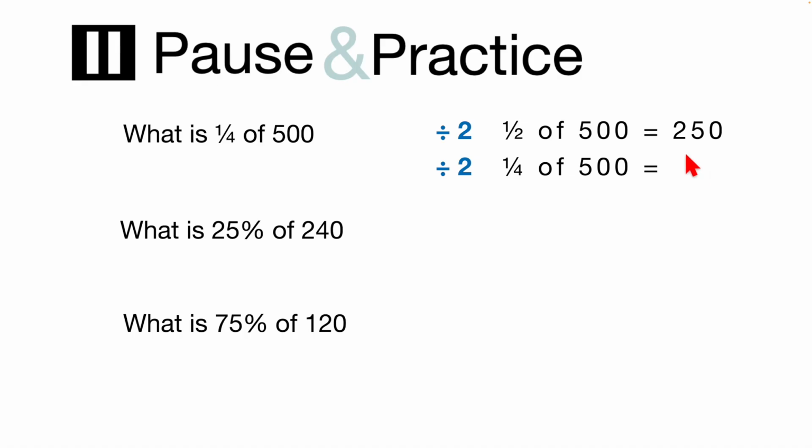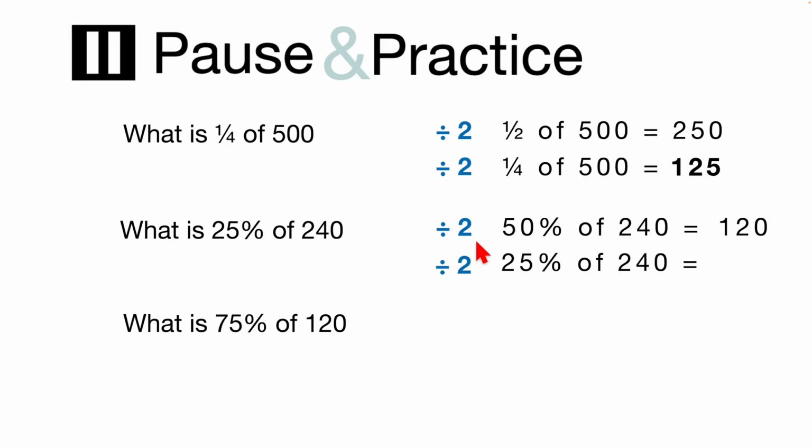Well, 200 gives me 100 and 50 gives me 25, so that's 125. What is 25% of 240? Well, here, 50% of 240 is that divided by 2, which is 120, and divide that by 2 again, 25% of 240 is 60.